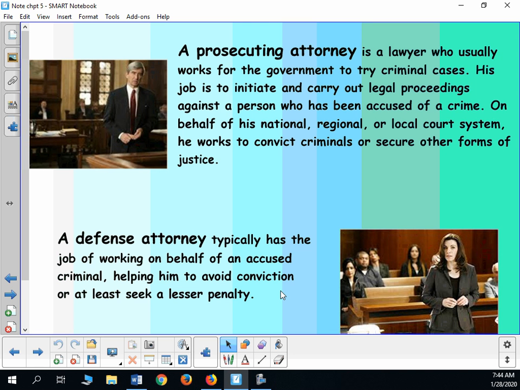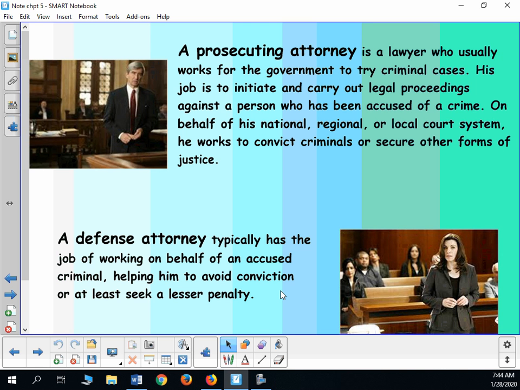First of all, we're looking at the prosecuting attorney, who is a lawyer, usually who works for the government and tries criminal cases. It's his job, her job, to initiate or carry out legal proceedings against a person who has been accused of a crime. So they often decide what the actual charges will be. They will look at what the police have identified, what the police have pulled together in the evidence, and then they make the final decision as to what charges will be set against an individual or people or a group of people.